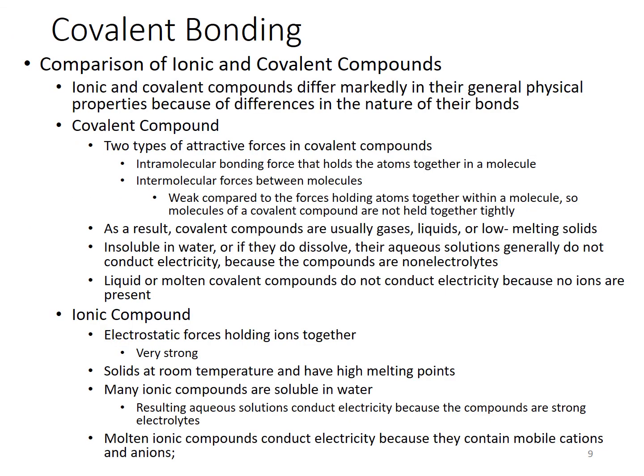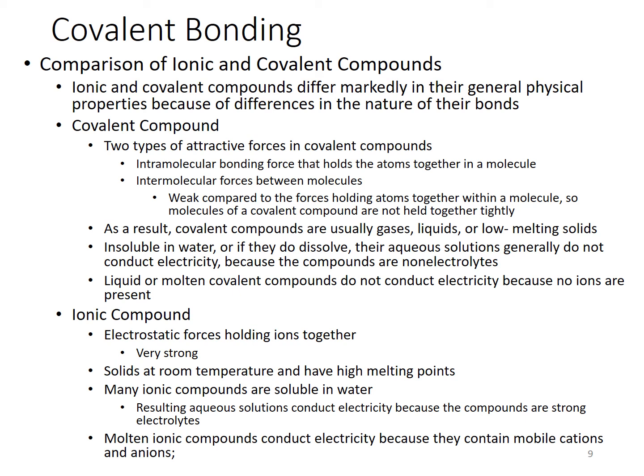So here's some general comparison of the covalent bonding to try and compare covalent compounds to ionic compounds. And we've talked about this before, but they will have very different physical properties because the nature of their bonds are very dramatically different. Where covalent bonding, we have that sharing of electrons.